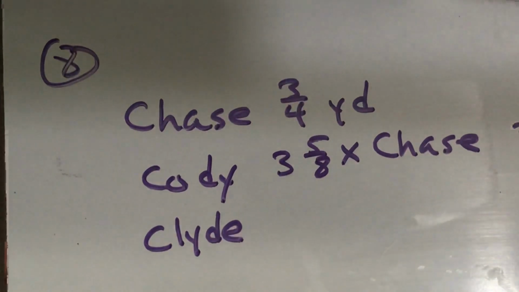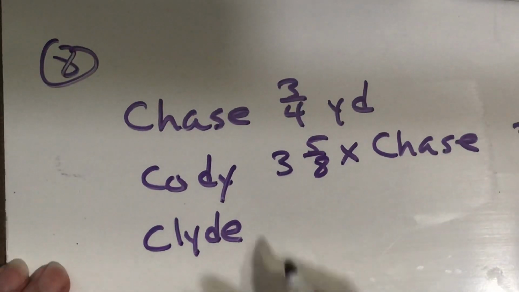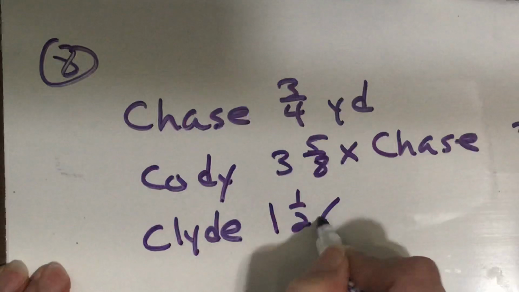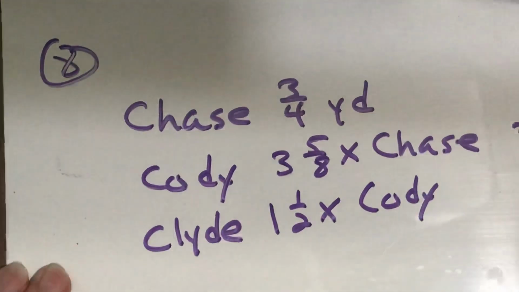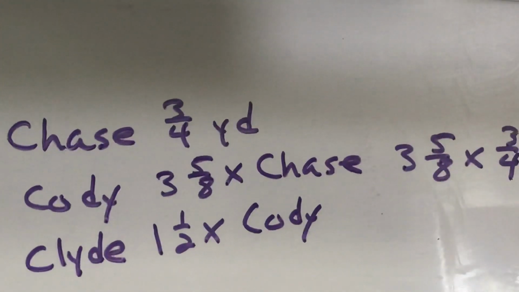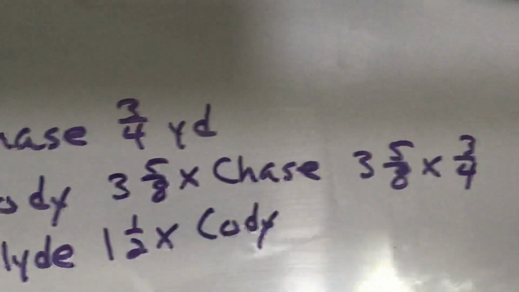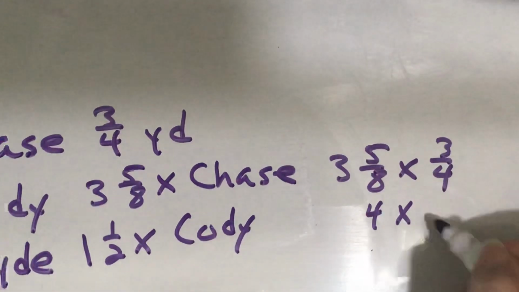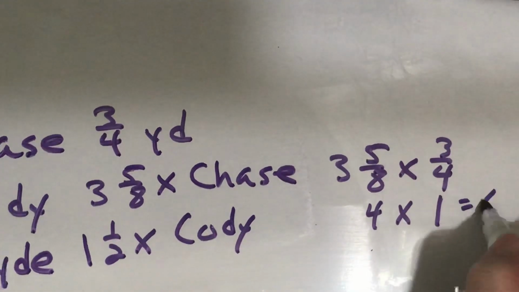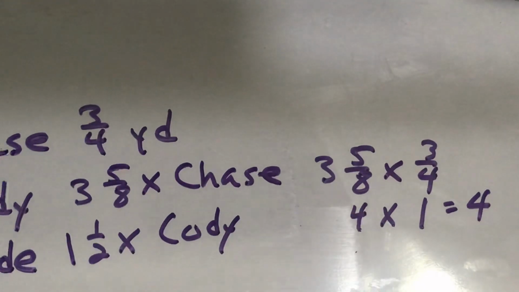And then Clyde, it says, has 1 1/2 times Cody. So first we have to figure out Cody, but we're estimating. So 3 5/8 would round up to 4, and 3/4 would round up to 1. So Cody has about 4 yards.